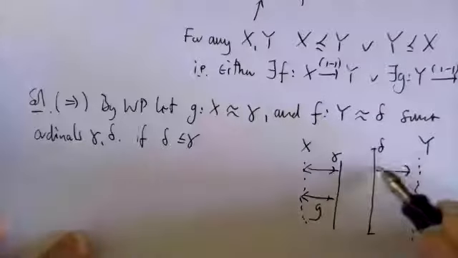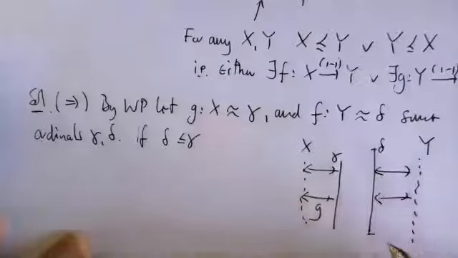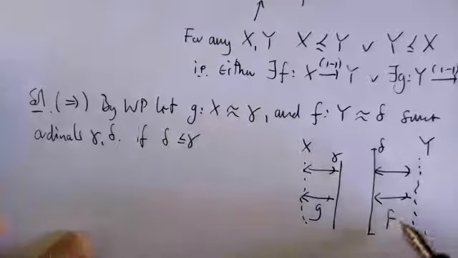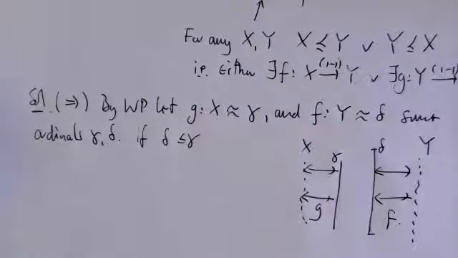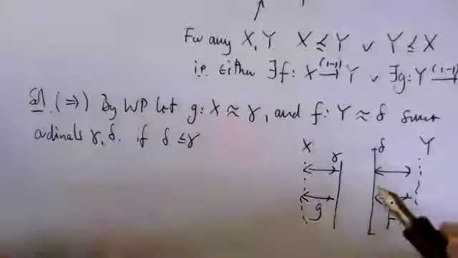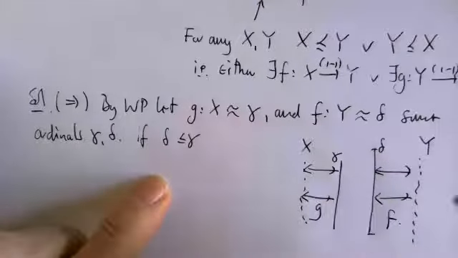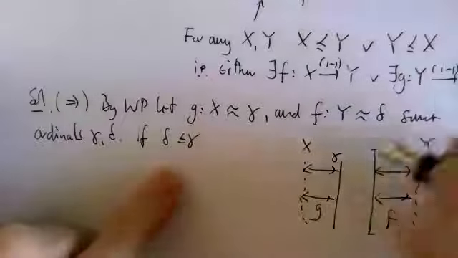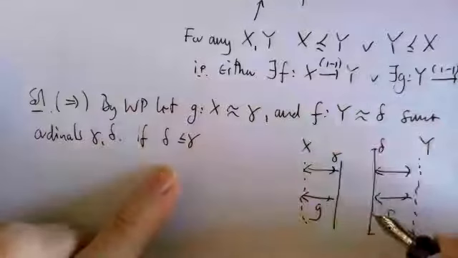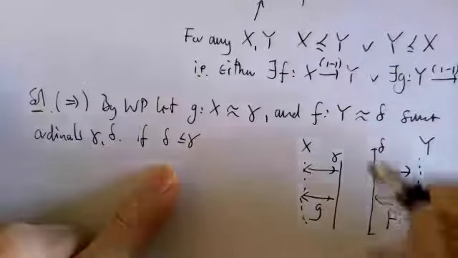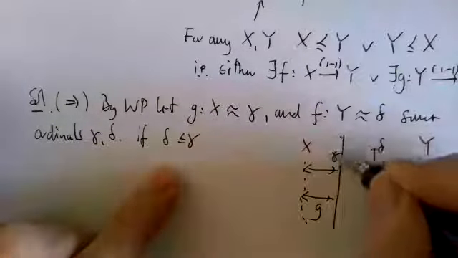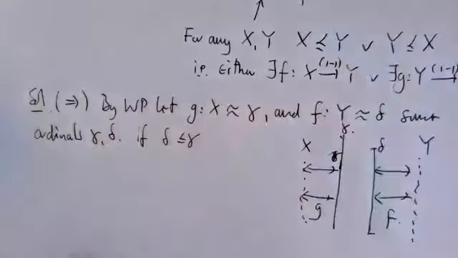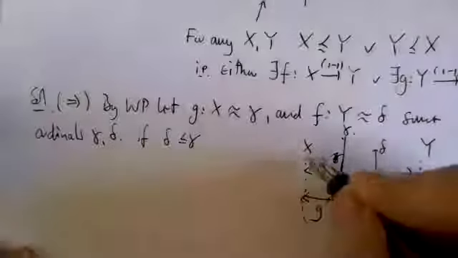And I've got this function bijecting y with delta. Okay, I've drawn it here as delta's greater than or equal to gamma. Okay, let's make gamma longer. Yeah, so x goes up here.